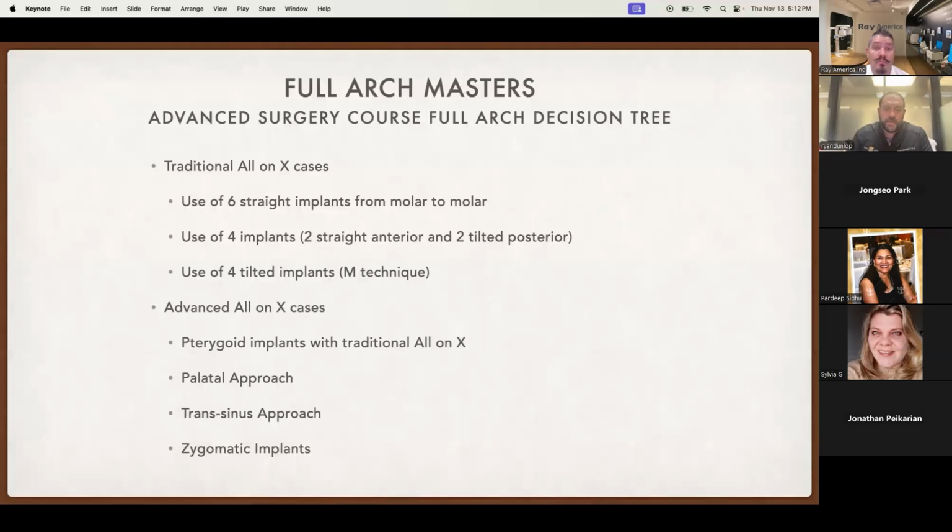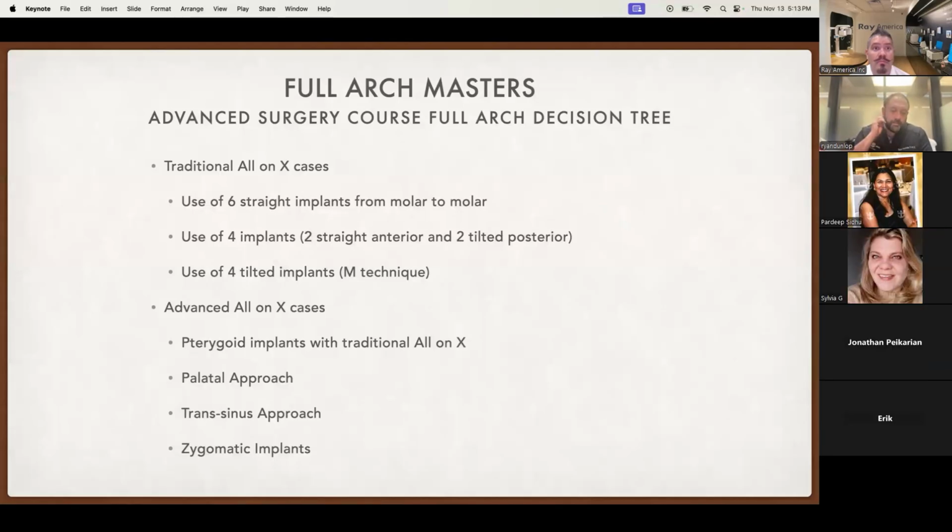Zygomatic implants are my least favorite implant to place. They're the most complicated and fraught with the most potential complications. So as I go through my presentation, I really try to avoid zygomatic implants in every case. It should be the implant of last resort because it's such an invasive surgery, with a lot of potential complications, both intraoperatively and postoperatively.